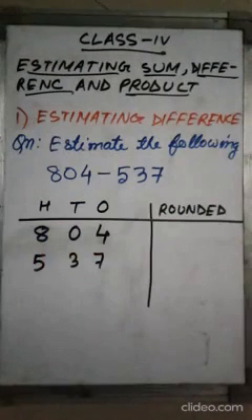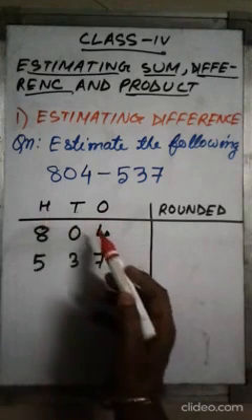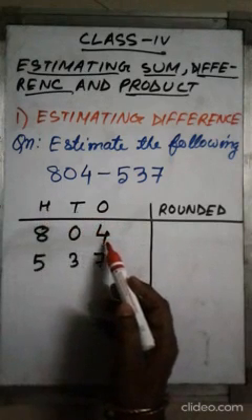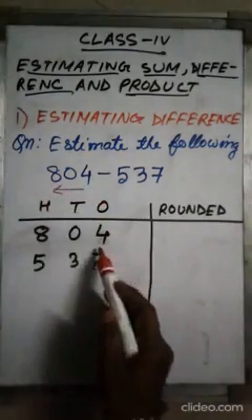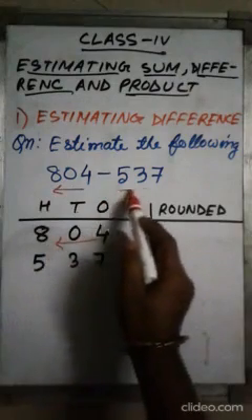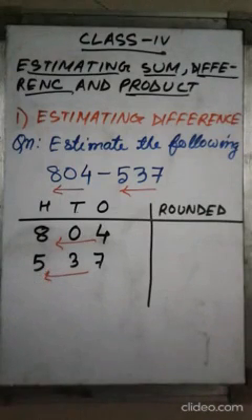Now the next point is estimating a difference. Estimate the following: 804 minus 537. For that, I have drawn the place value chart, from ones, tens and hundreds place, putting the digits in the respective places.